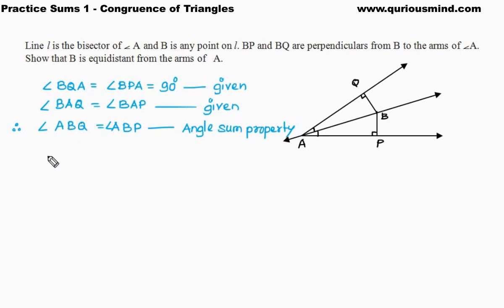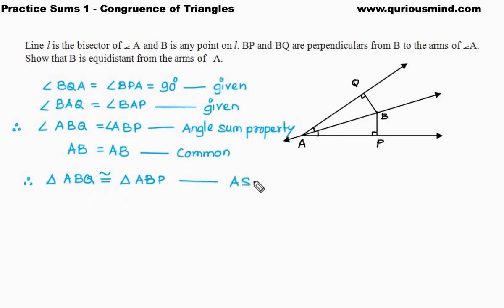These two angles are equal and we know AB is common. So angle side angle, that triangle ABQ is congruent with triangle ABP, angle side angle congruence.